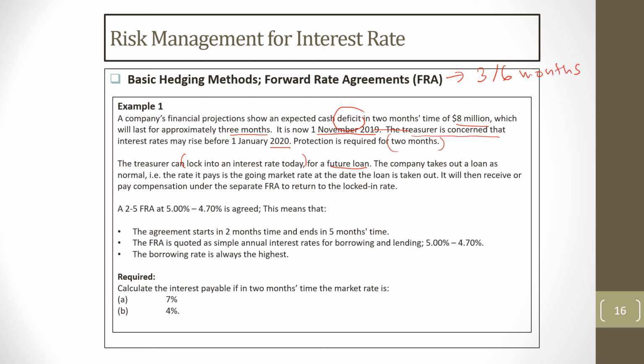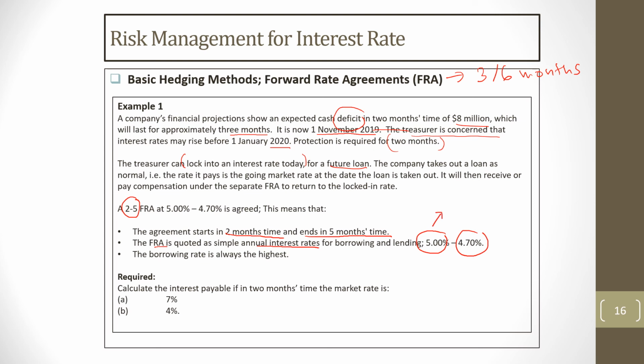Okay, so in this case, it has stated 2 to 5. What does 2 to 5 mean? The agreement starts in 2 months' time and ends in 5 months' time.